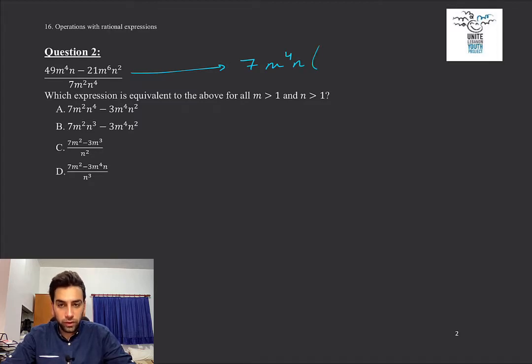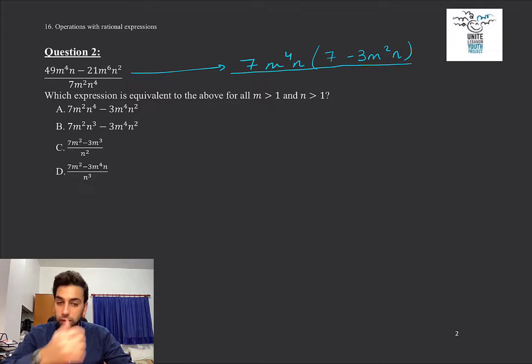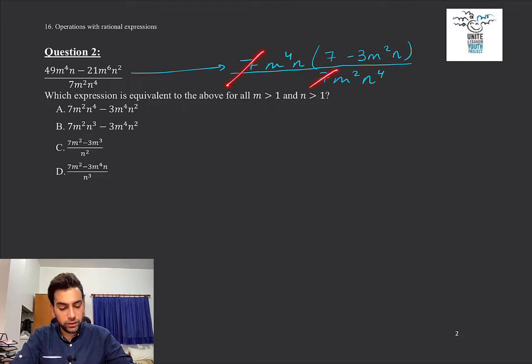We'll be left with 7 minus 3 into m squared times n over the denominator, which has 7 m squared n to the 4. We can cancel out now 7 with this 7, m squared from the numerator and the denominator, and 1n from the numerator and the denominator.